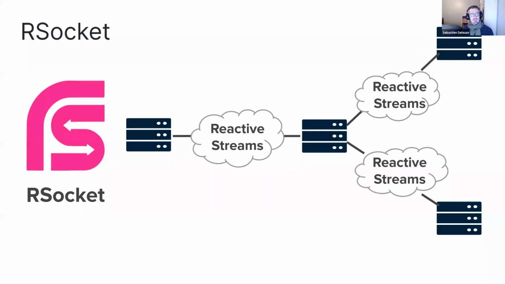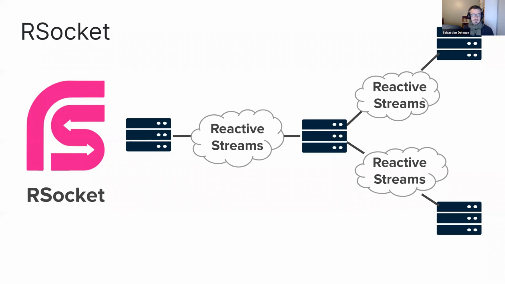RSocket. So RSocket is the technology that's basically reactive messaging that allows you to have communication between a fast producer and a slow consumer, or the opposite. Previously, we only supported that on the JVM, and basically RSocket allows us to have what we call back pressure, which is this mechanism also over the network.